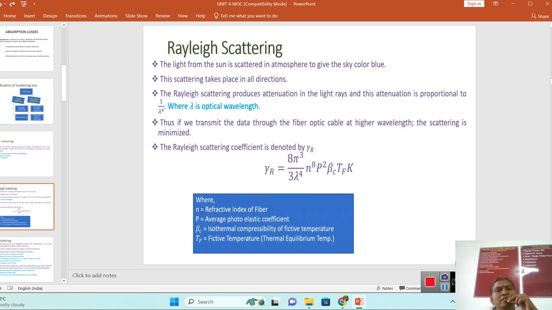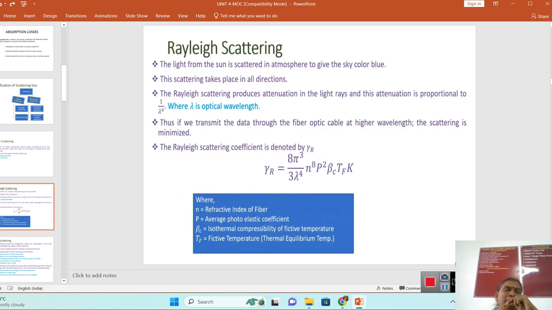Rayleigh scattering is how we can get it from a real-time application. We get light from the sun. It is scattered in the atmospheric region, giving the sky its blue color. This type of scattering takes place in all directions. Rayleigh scattering produces an attenuation in the light rays, and this attenuation is proportional to 1 by lambda power 4.